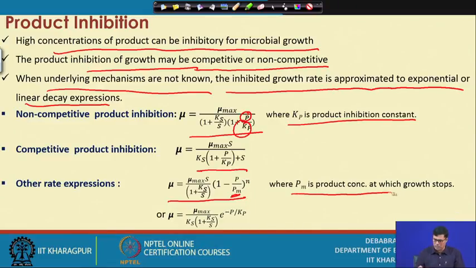Pm is the concentration at which the growth stops. At the maximum concentration, no growth takes place. This can be modified in this form. So we have three different types of models, with different equations we can use to describe product inhibition.